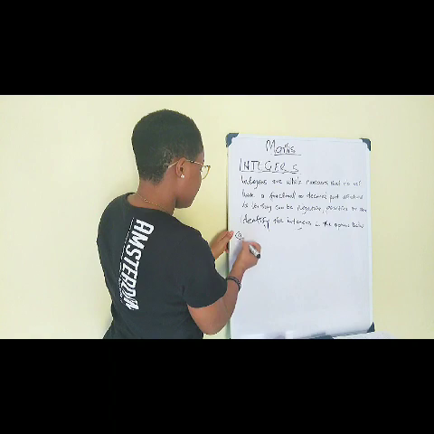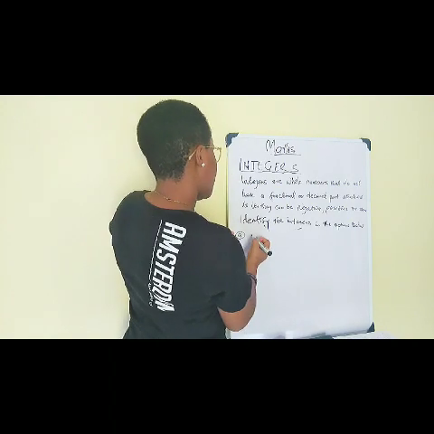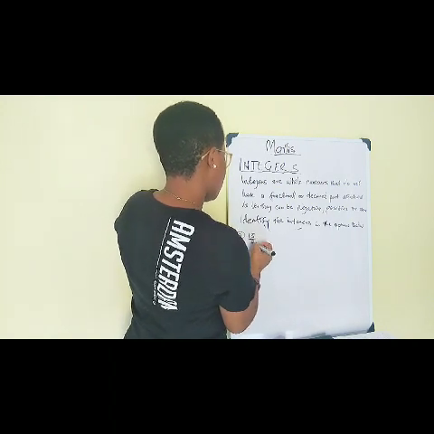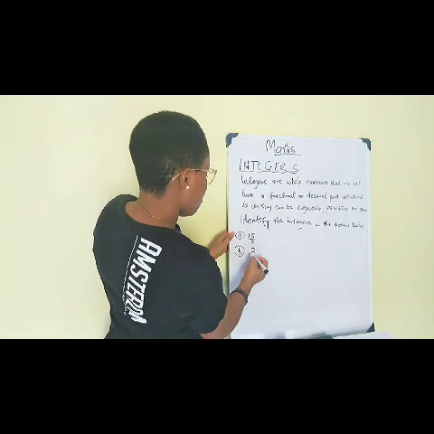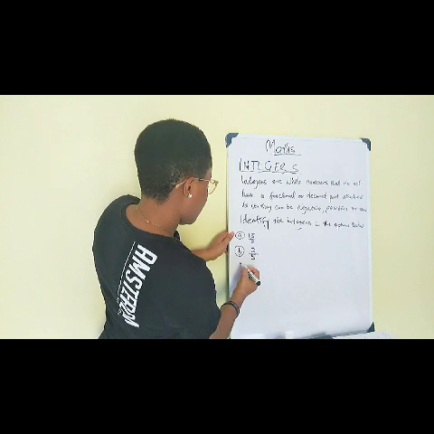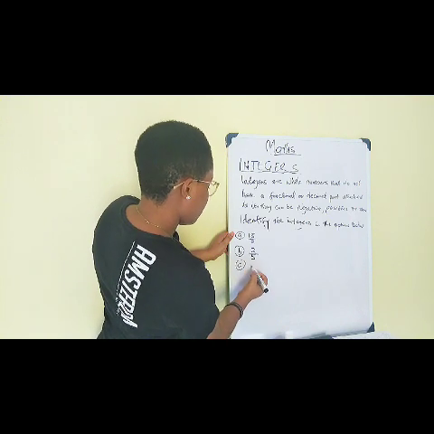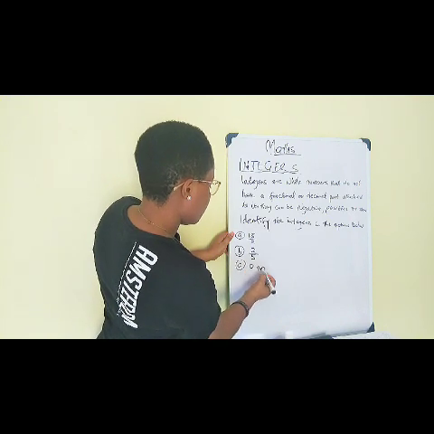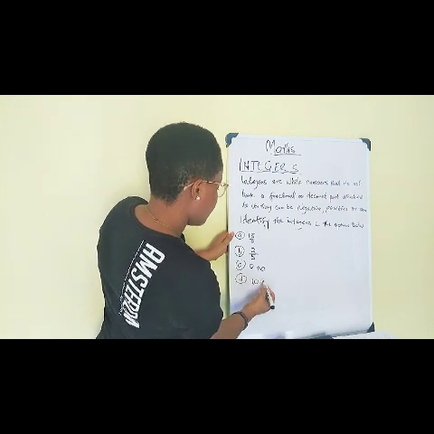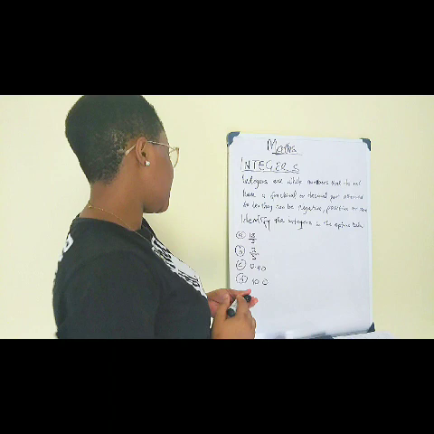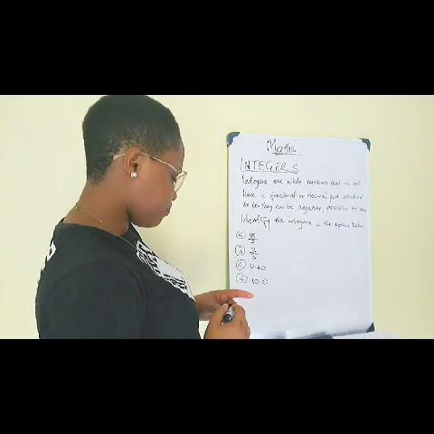So we have our first option, A, 18 over 2. And then B option is 2 over 5. C is 0.40. And then D is 10.0.